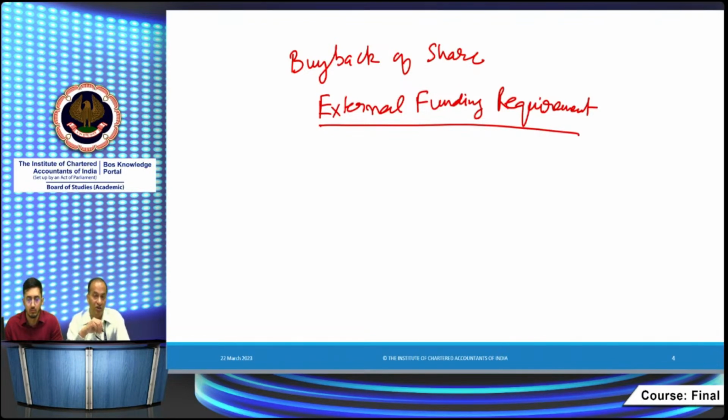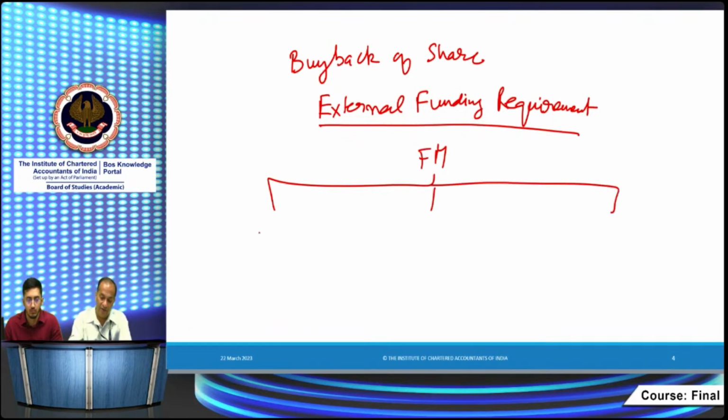Of course, you can say that it is covered in our financial management, the requirement of finance, because in the financial management paper three decisions are broadly covered. First of all, investment, under which you study capital budgeting.